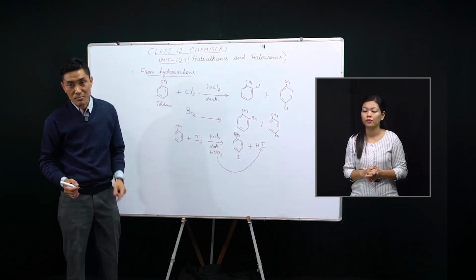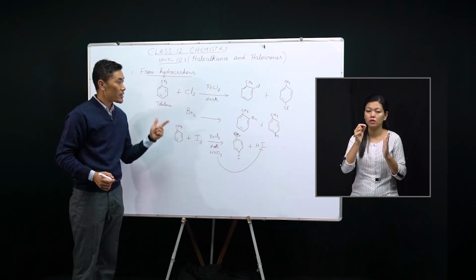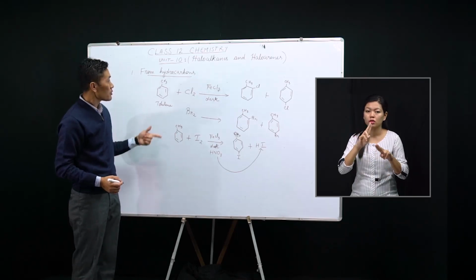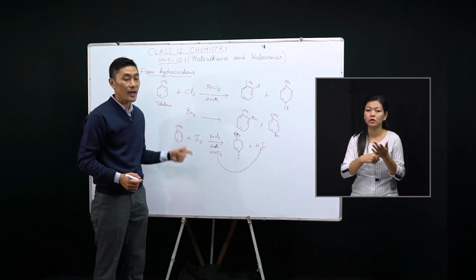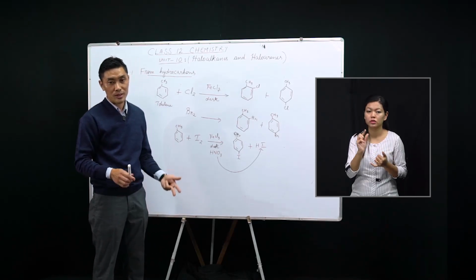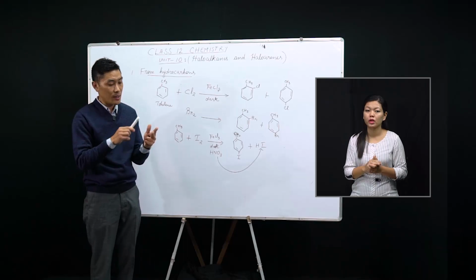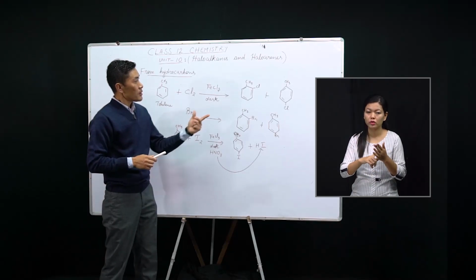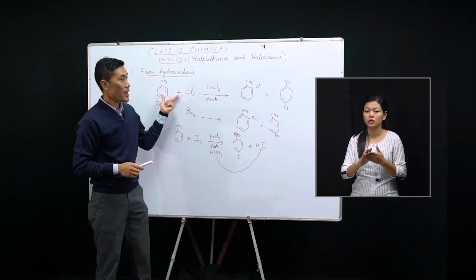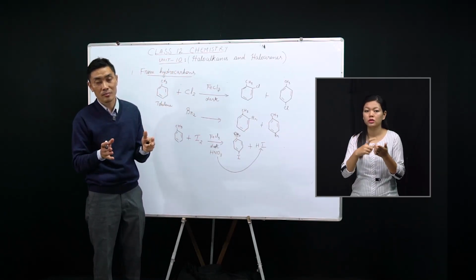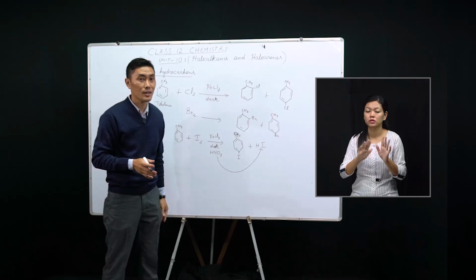The third point to remember is that the fluoroarenes are usually not prepared by using these hydrocarbons because fluorine is very highly reactive. So please try to remember these 3 points. The first point, once again, the ortho and para isomers that are formed in this reaction can be easily separated because of difference in their melting points.